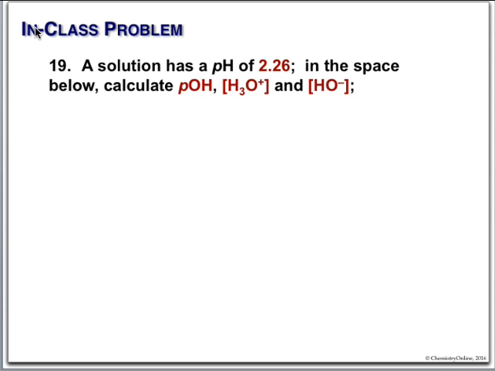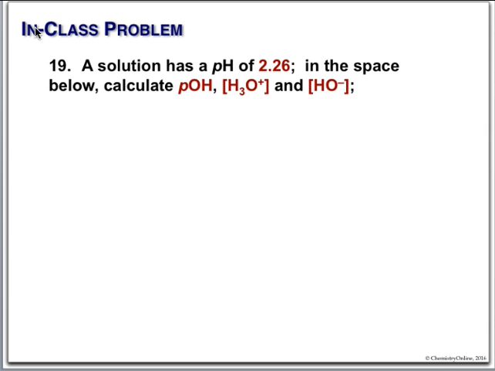What do we know about pH and pOH? pH plus pOH is always 14. Right? How do we calculate hydronium? Hydronium is simply going to be 10 to the minus pH. And we all know how to do that on a calculator by now.